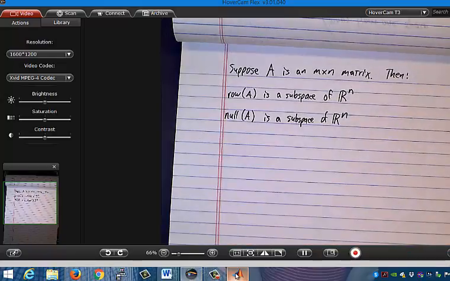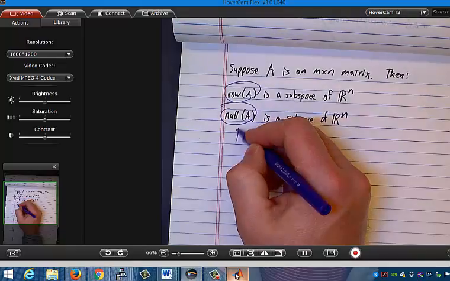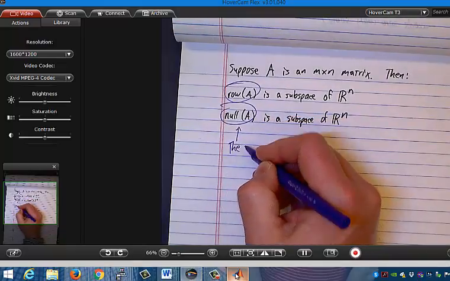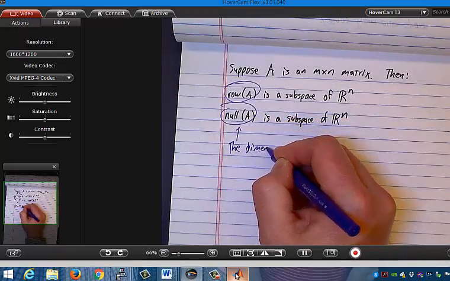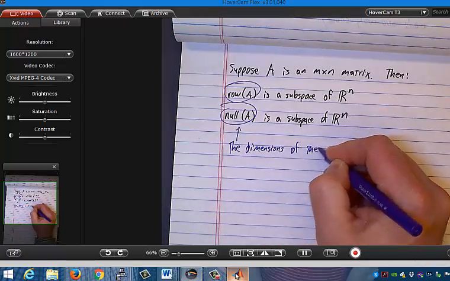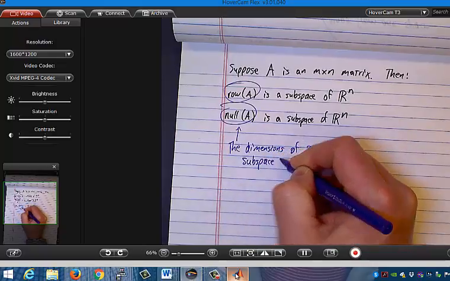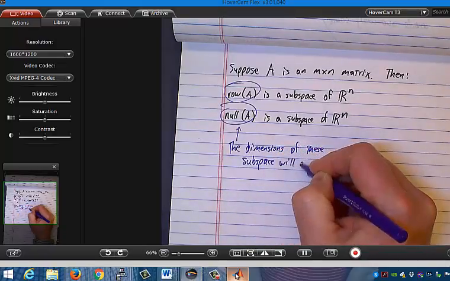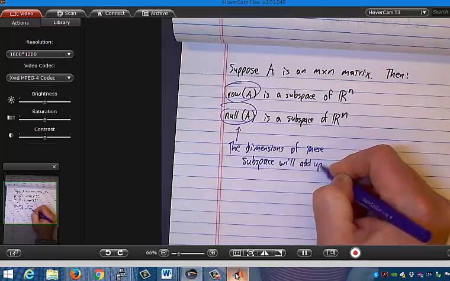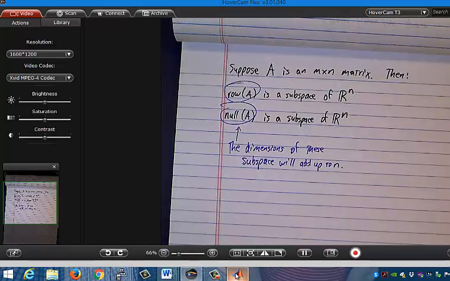And of course, these two are related, right? So the dimensions of these subspaces will add up to n. That's the rank theorem.